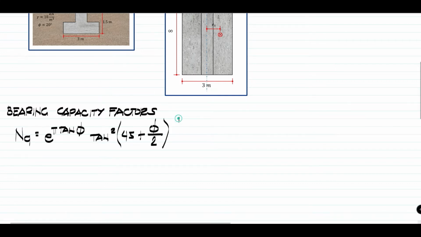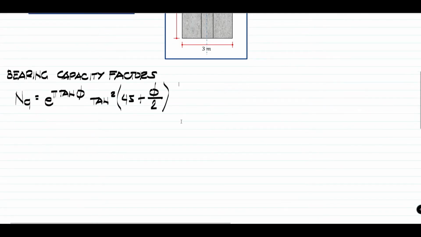So, substitute lang natin yung value nung phi natin dito. So, that will be e raised to pi tangent 20 times tangent squared of 45 plus 20 over 2.